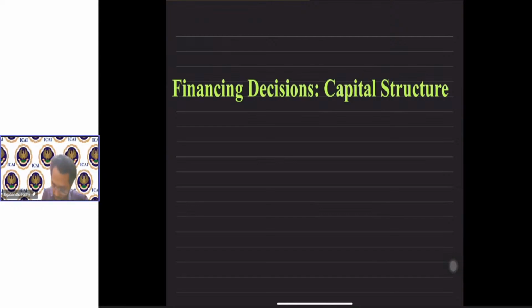So let's say we are planning to raise this 10 lakh first by 5 lakh of equity, and the balance 5 lakh by way of debenture, costing us 10%. So the rate of interest on these debentures is 10%.